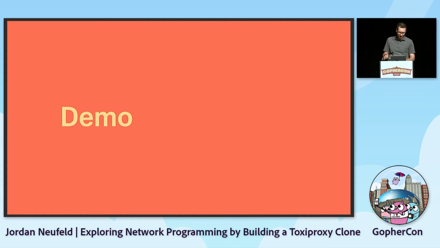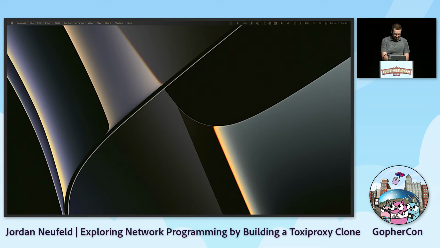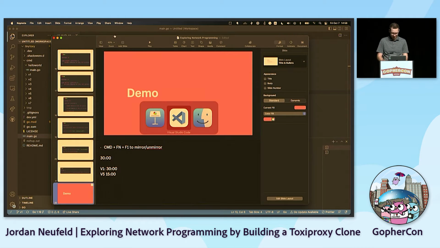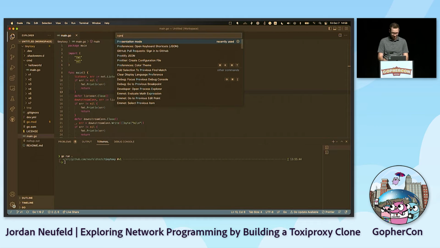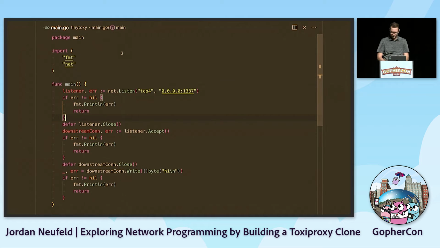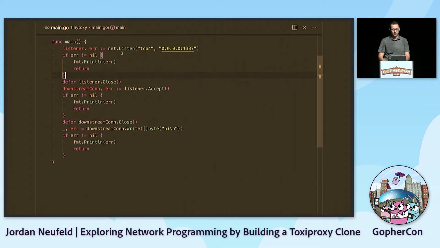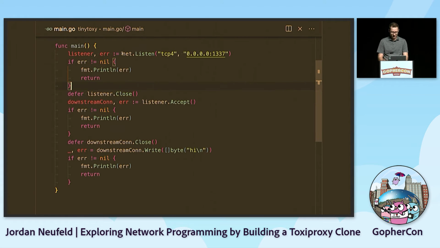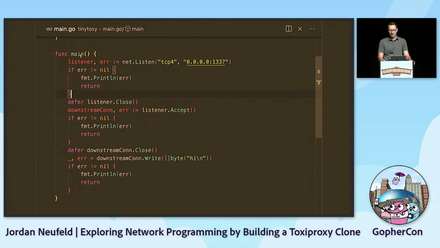So let's take a little bit of a look at the demo here. Okay, so the very first iteration we have here, it's a super basic Go program, and all we're doing here is setting up a listener on port 1337, TCP version 4.